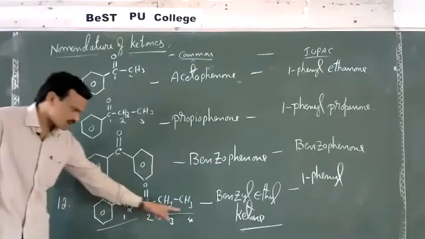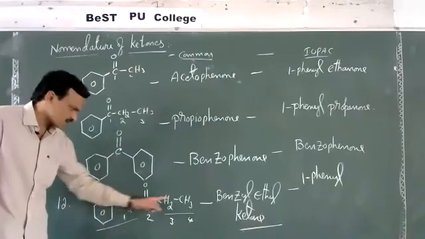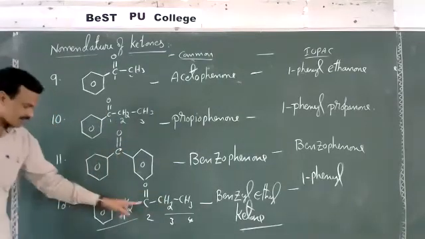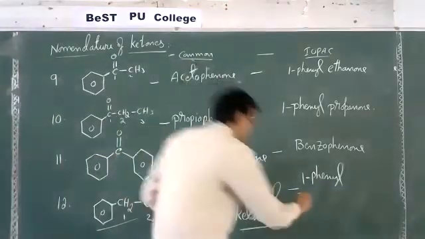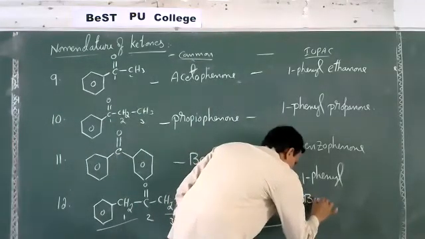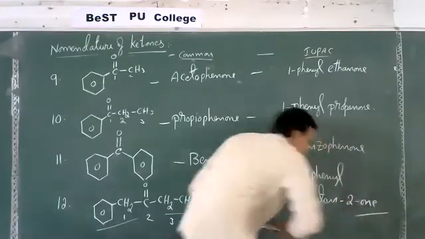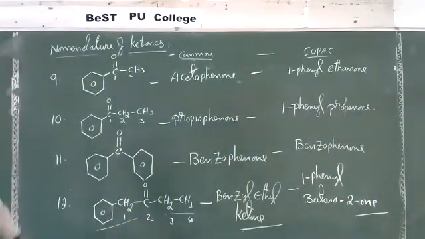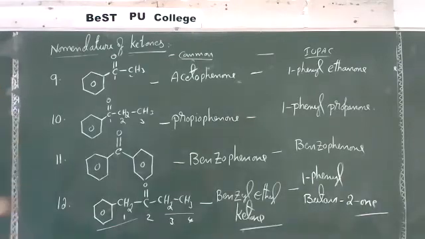How many carbons are there in the long chain? 4 carbons, but. Single bonds are there, so butane. At the second position the keto group is there, 2-one. So 1-phenyl butane 2-one. This is the IUPAC name of this compound. Let us see one more example.